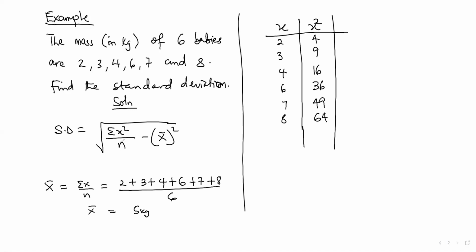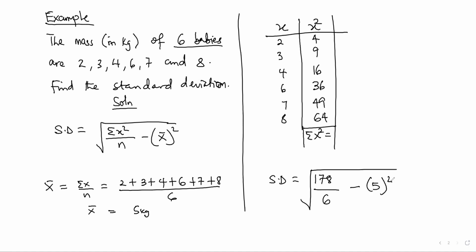And the formula says that the standard deviation is the square root of summing all your x squared. So we sum all the x squared. What are we going to get? We have 178 divided by our n, which is 6 because it appears 6 times. Then minus our mean, which was 5, and it's the mean squared, so we square it.